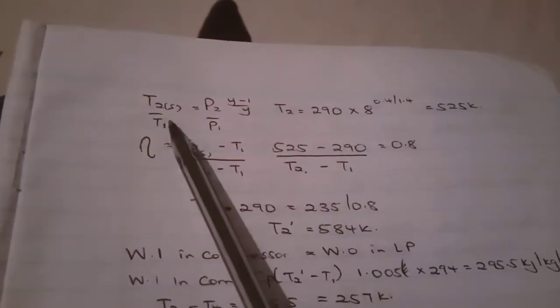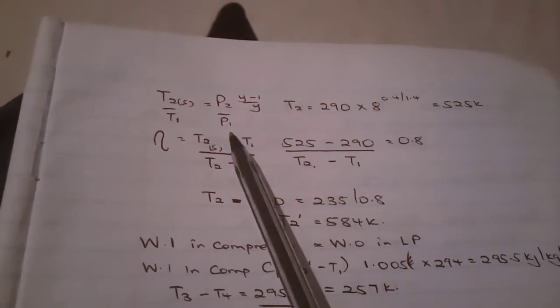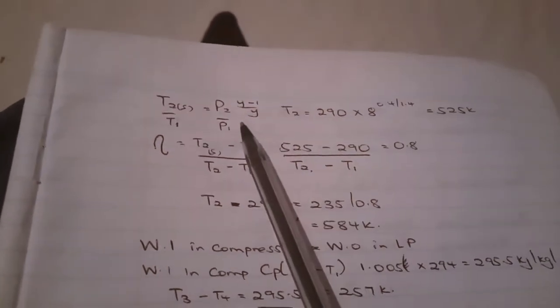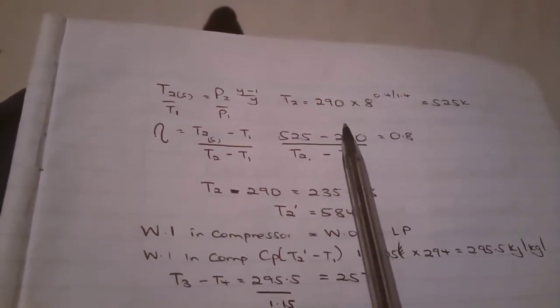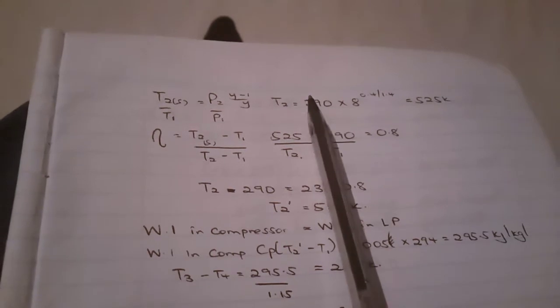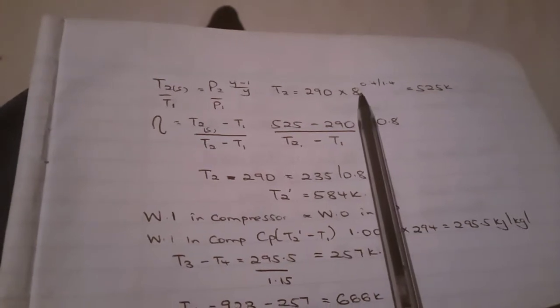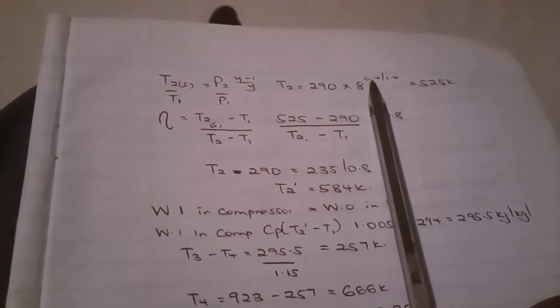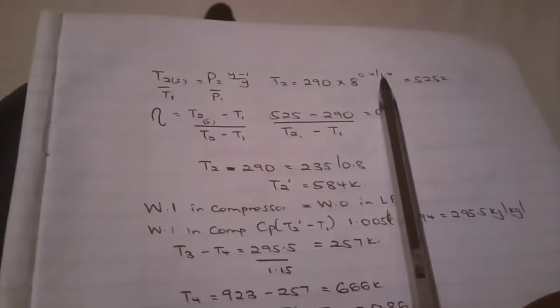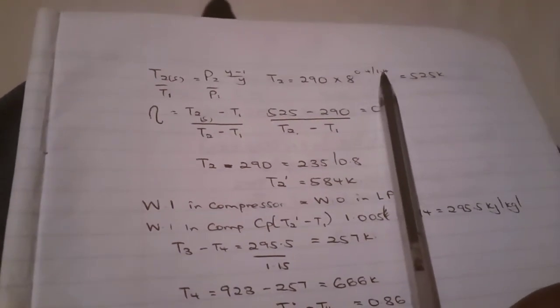To find T2 prime, first get that T2 over T1 is equal to P2 over P1 to the power gamma minus 1 over gamma. T2 is equal to 290, we have already changed T1 into Kelvin, times 8, the compression ratio, to the power of the index, which is 0.4 over 1.4.